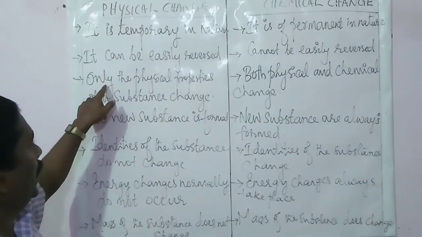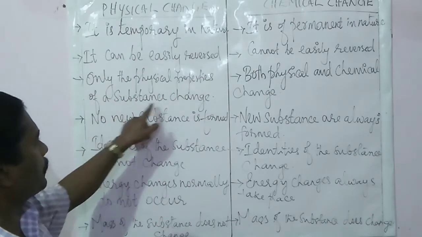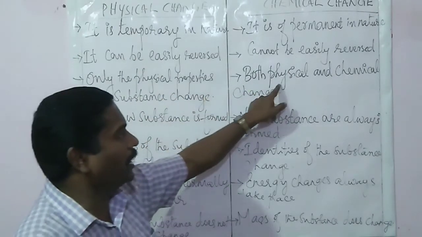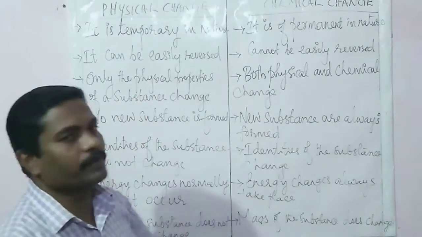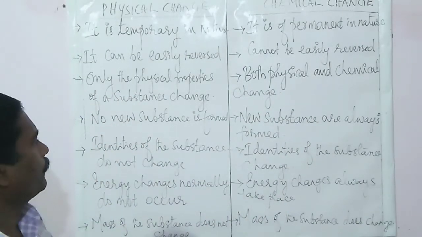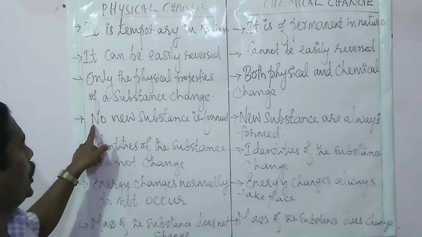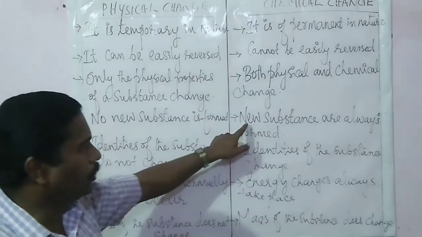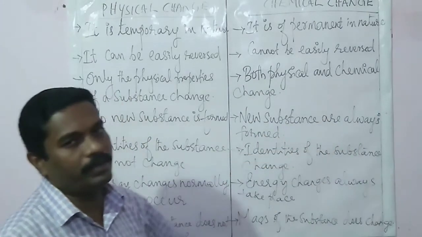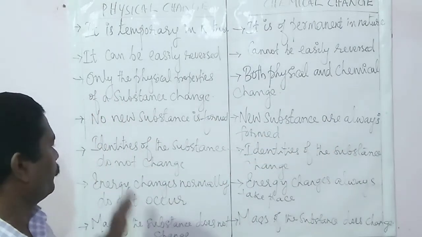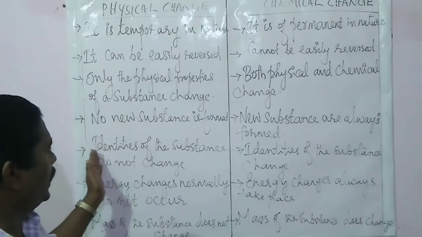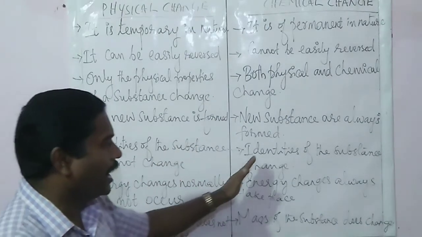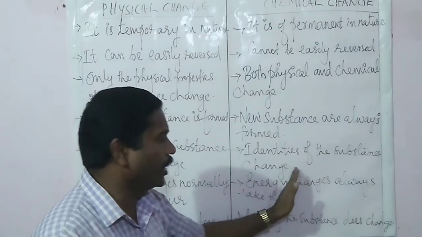Then only the physical properties of a substance change. Here both physical and chemical properties may change. Then no new substance is formed. Here new substances are always formed in a chemical change. Then identities of the substance do not change. Here identities of the substance change.